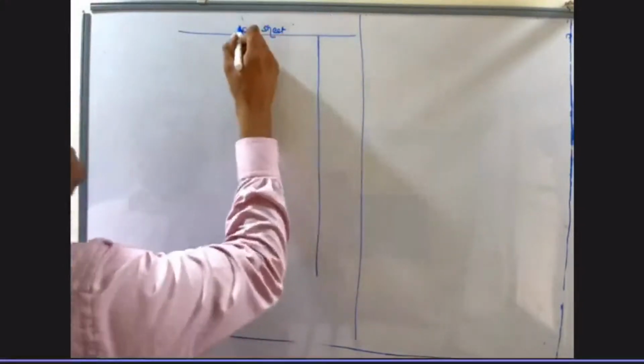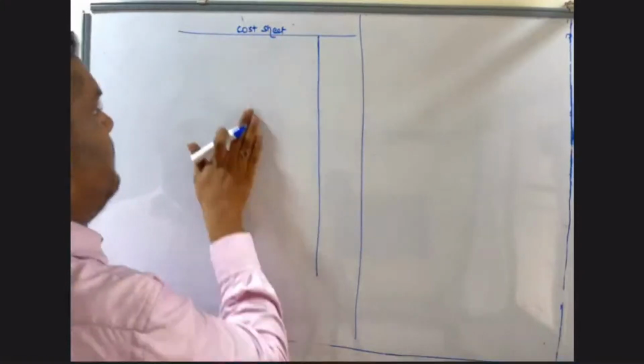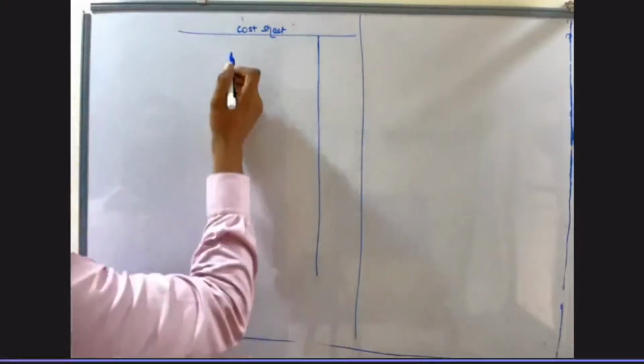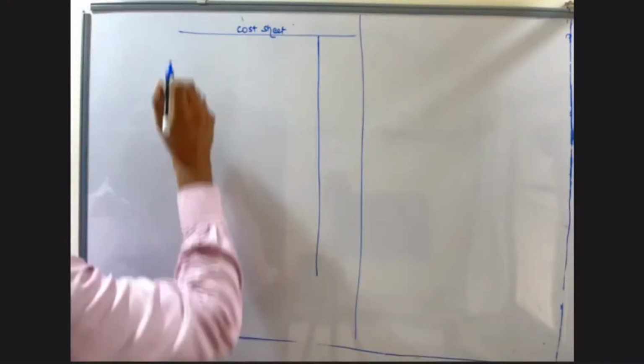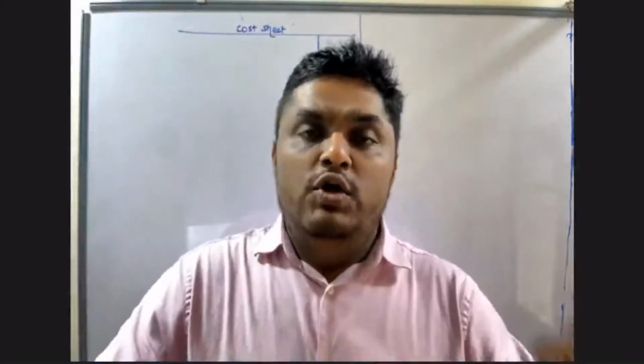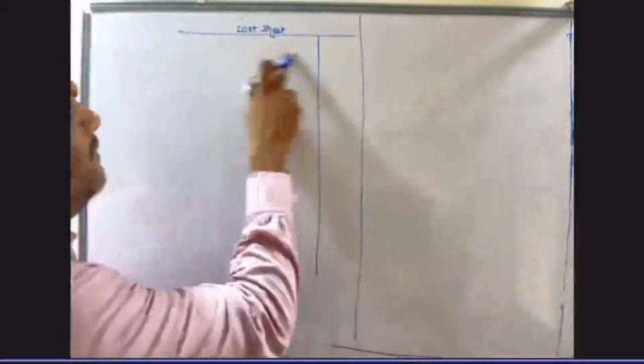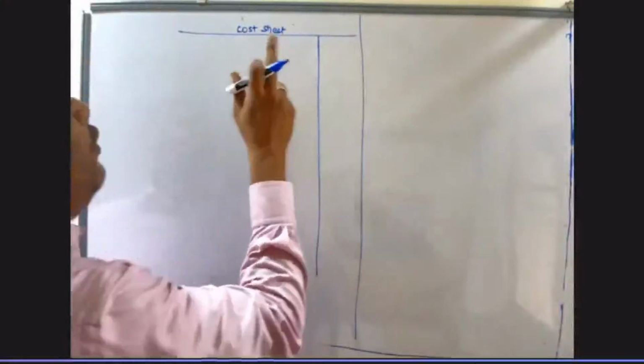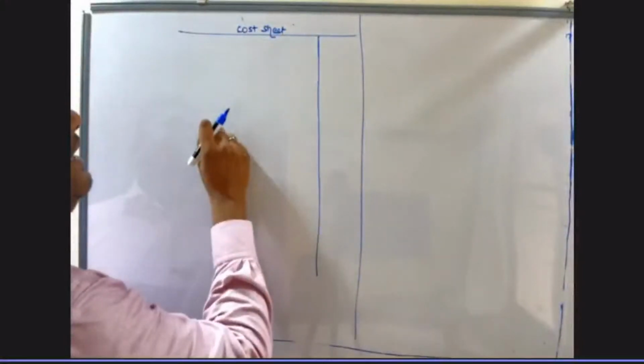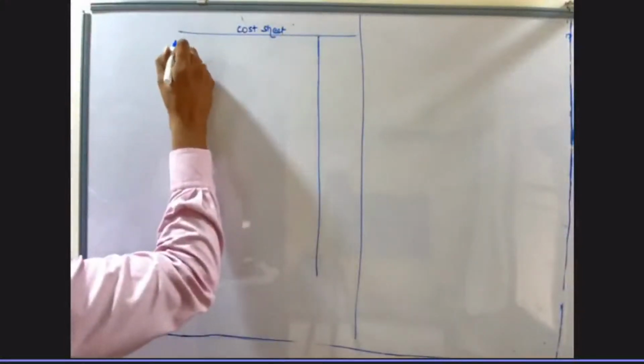So let's start with cost sheet. We'll start with the direct cost first. So if direct material is given straight away, you have to write direct material. But let's say opening and closing stock of raw material is given. Then we'll start like that.